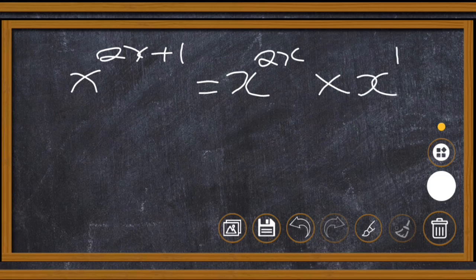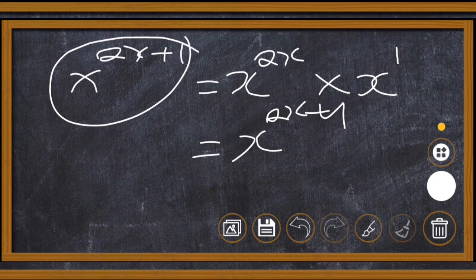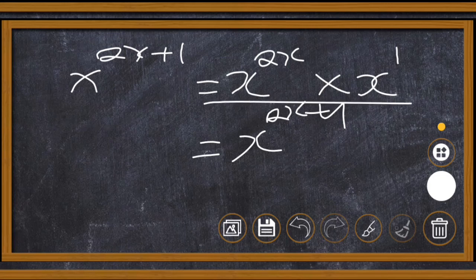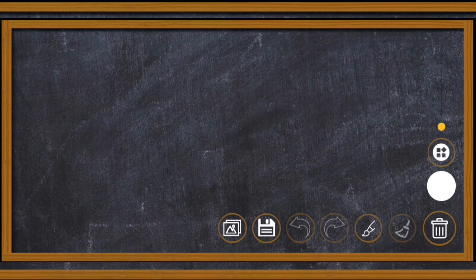Since we are multiplying the same bases, that is x and x, you simply write one x and then add the powers, that is 2x and 1, so it's 2x plus 1. Hopefully you have gotten the concept of where this came from. Make sure you understand this concept, because whatever we are going to be doing here is linked to that. Let's look at some examples.